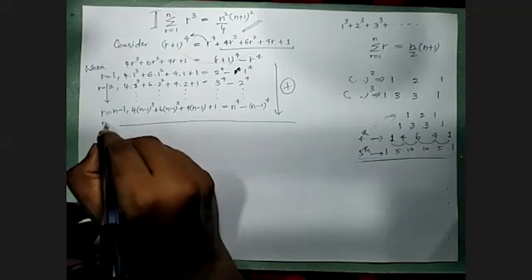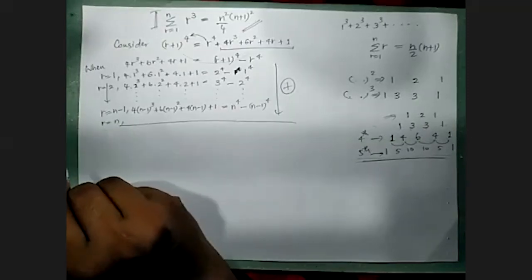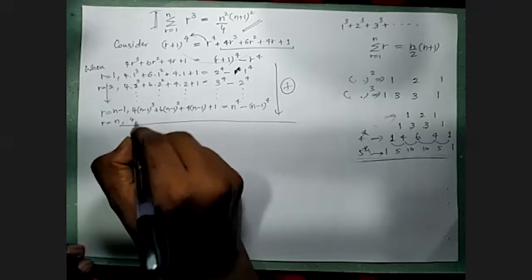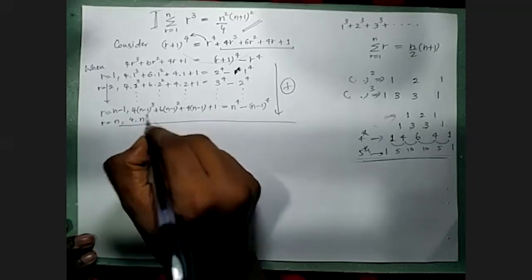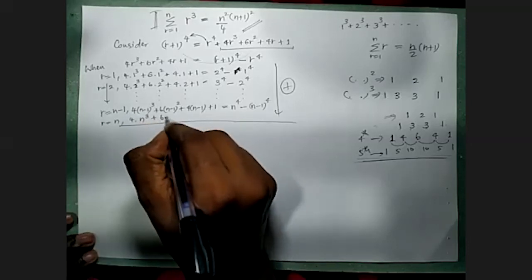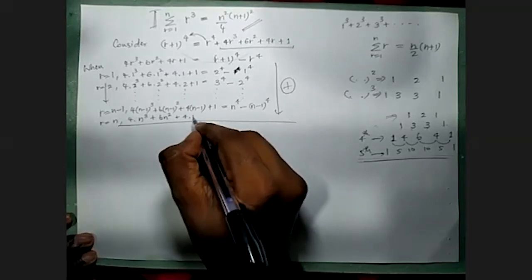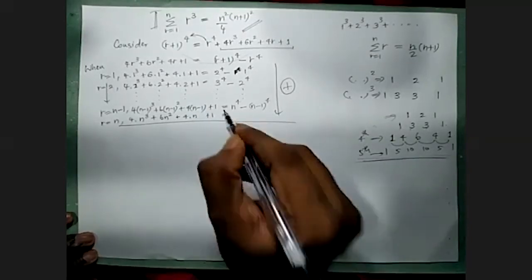Now the last step, r equals n. 4 into n cube plus 6 into n square plus 4 into n plus 1.